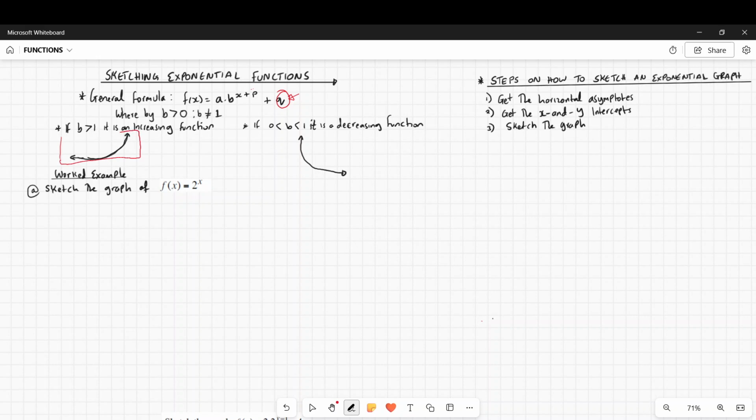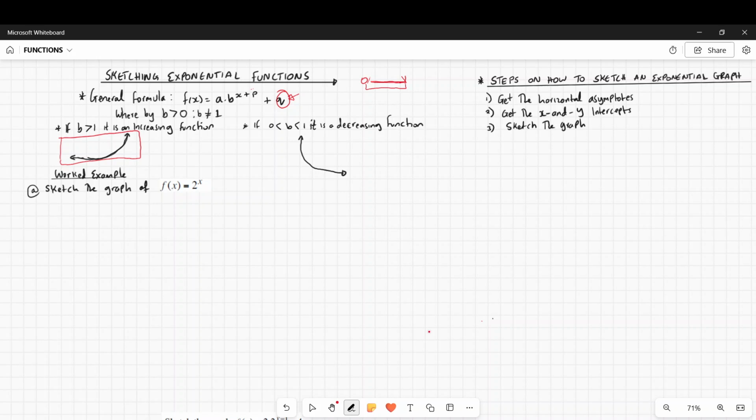Now b determines the shape of the graph. So if 0 is less than b is less than 1, it is a decreasing function. As long as the value of b is between 0 and 1, but it mustn't be equal to 0 or 1, so it must be in between over here.